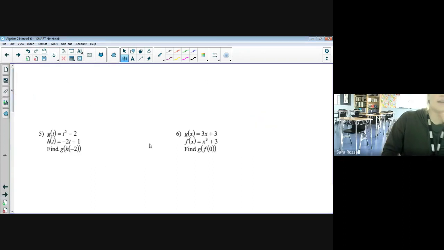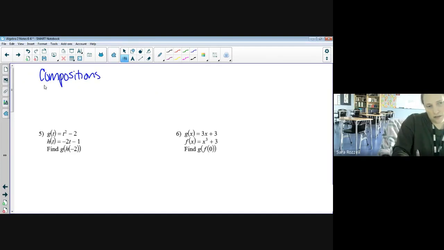All right, on the rest of them, we are going to do compositions of functions. So if you have some space on top of these problems, that's good. Otherwise, just write it to the side. I just want you to know how we read or how we say these things.